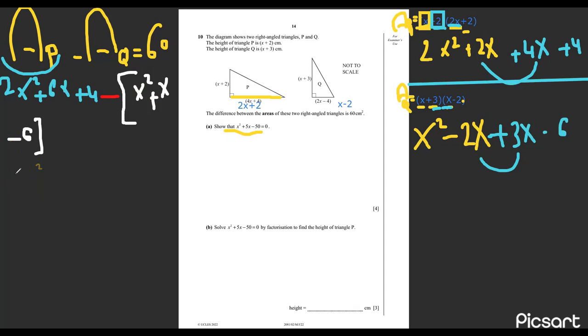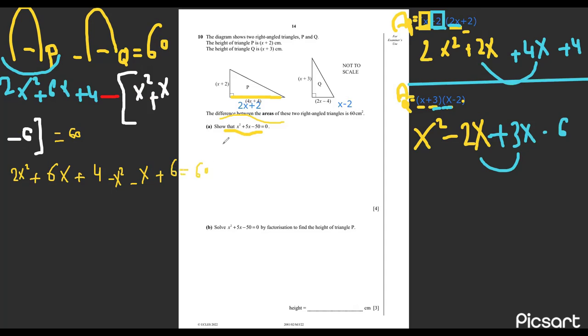Let's rewrite it: 2x squared plus 6x plus 4 minus x squared minus x plus 6, and all of that is equal to 60, because that is the difference between the two areas.